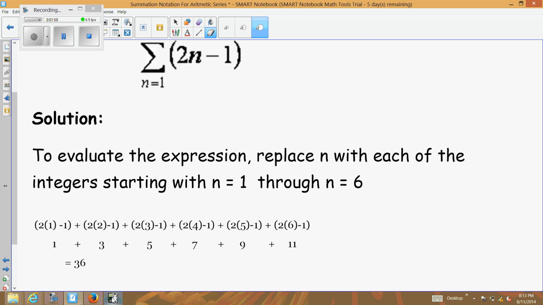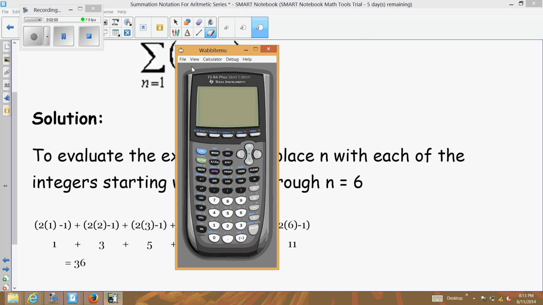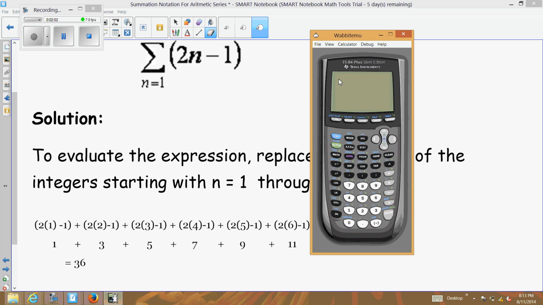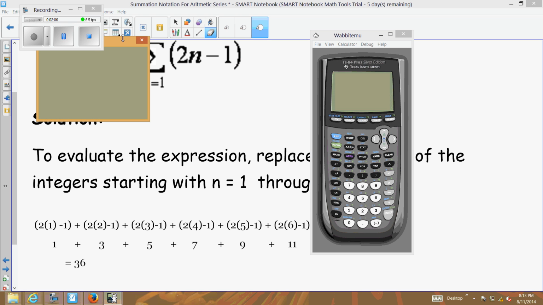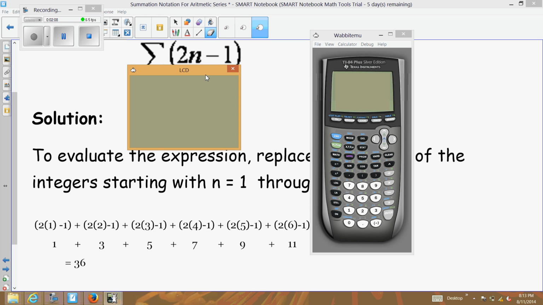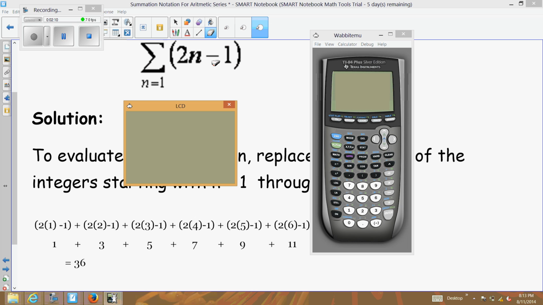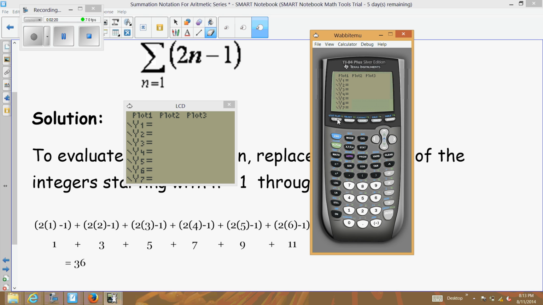Now, I want to show you something really neat. If you're pulling up your graphing calculator, and I'm going to hit the view so you can see it just a little bit better. You're pulling up your graphing calculator, and you want to get this exact problem. All you have to hit is alpha y equals, and hopefully you have the new operating system.